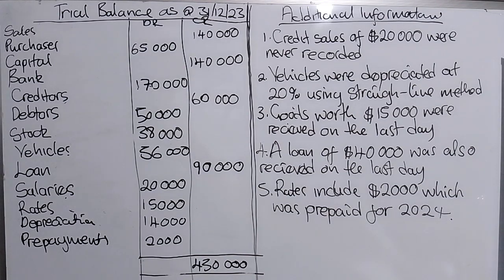So this side also gives us 430,000. What this means is that we have adjusted our trial balance correctly. It means we have done the double entry in the right way.